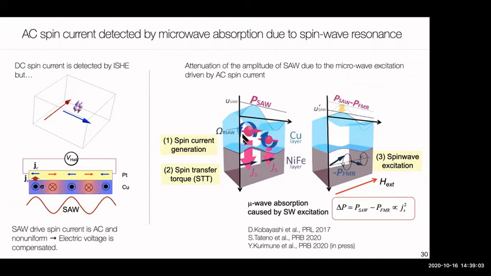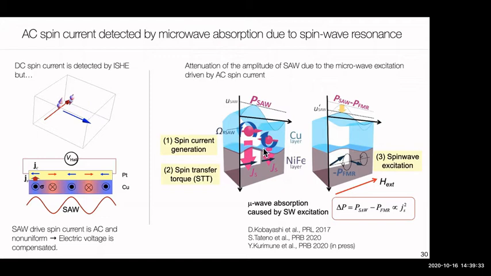we obtain the AC spin current generation, and the generated AC spin current is injected into the ferromagnetic thin film. Then this spin current leads to a torque onto the magnetization in the ferromagnetic thin film.